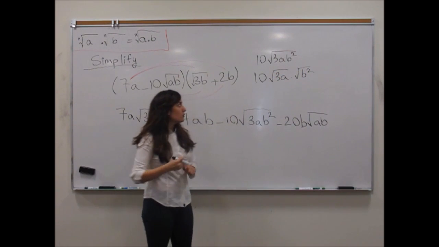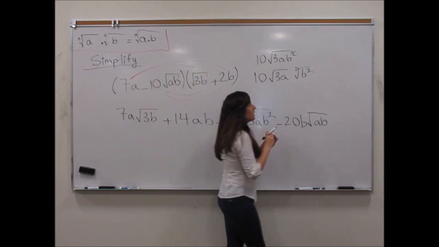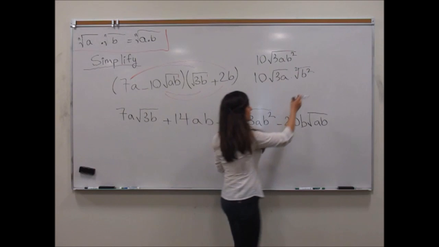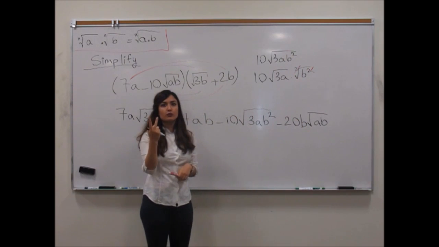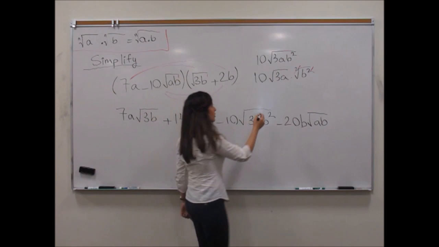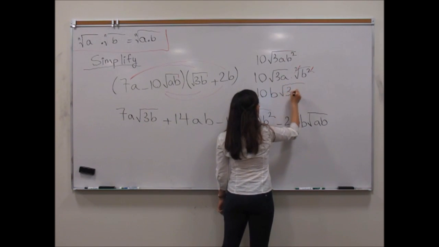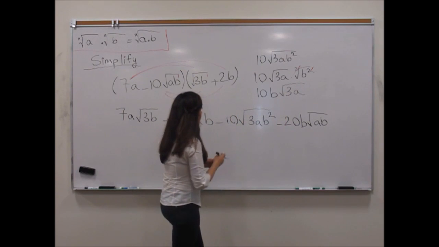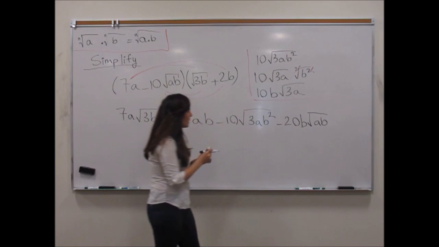And in rad b squared, the index and the exponent cancel each other. Or you can think of it as for every 2 b's, 1 pops out of the radical. So I get 10b times rad 3a. So that was for this part.